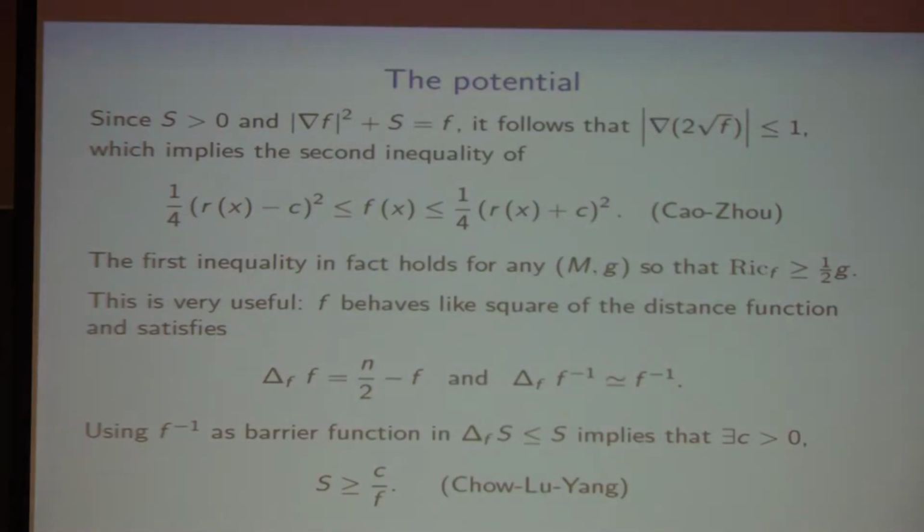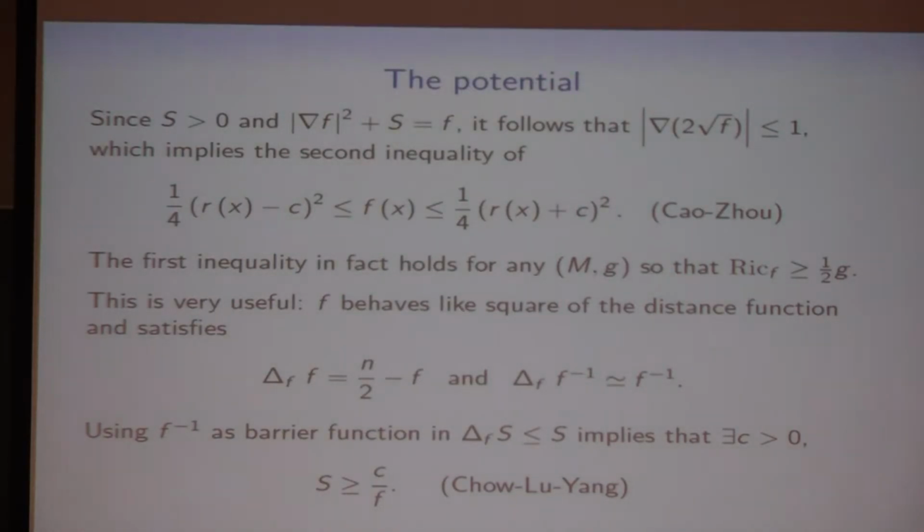Like I said, this is really useful because now you can cook up a lot of test functions. That's different, say, from Ricci flow, where you don't have such a function. I mean, maybe you can think of test functions or cutoff functions in terms of the distance, but they don't always behave very nicely. This function f, for example, satisfies this equation.